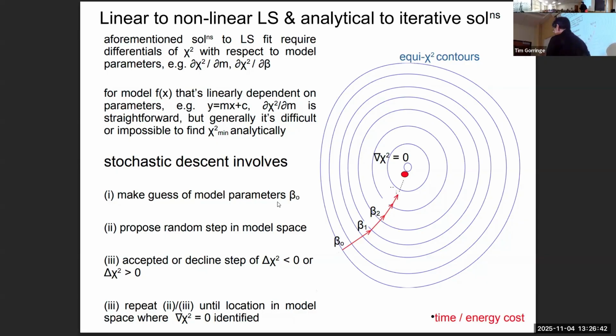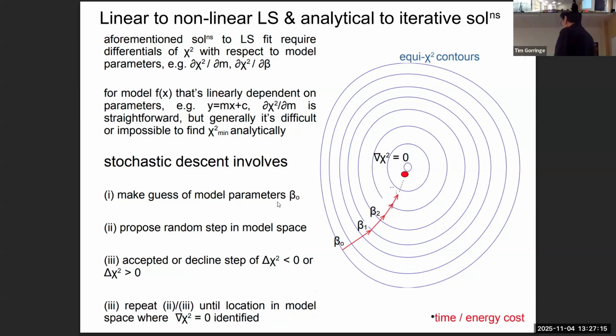So the way this method works is, imagine this chi-square contour. Imagine I'm starting out here with my initial guess, and then I just randomly walk off in some direction, a certain step. I randomly walk off and I ask myself the question, how much did the chi-square change? And I might have some rule like, if the chi-square decreased, I'll accept that step.